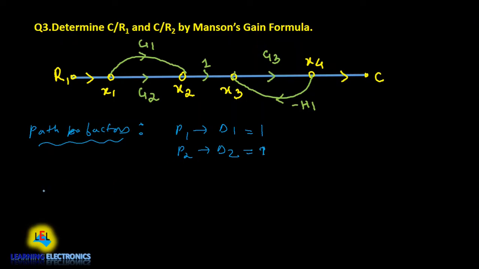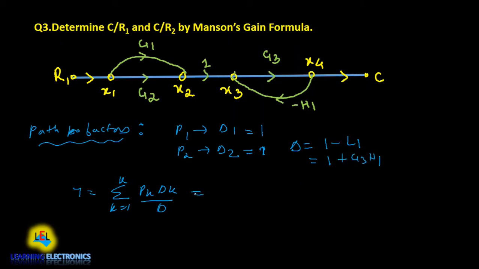Now we apply Mason's gain formula. What is Mason's gain formula? T is equal to sigma k equals 1 to K of Pk del k by del. First we have to find del. Del is the graph determinant, which is equal to 1 minus the individual loop, that is 1 minus L1, which is equal to 1 plus G3H1.